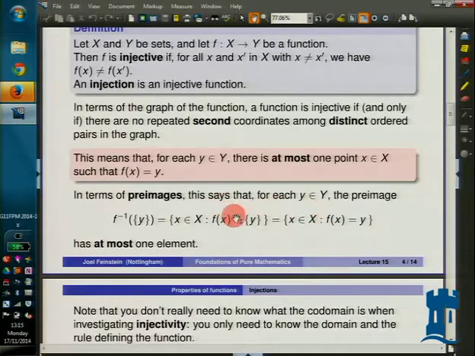This is an equivalent standard definition you could use if you want. Each of these pre-images should have at most one thing in. So for every y, there's at most one x. We already know that for every function, for every x, there's exactly one y. That's completely different. That's true for all functions, not to be confused with this, which says that for each y, there's at most one x.